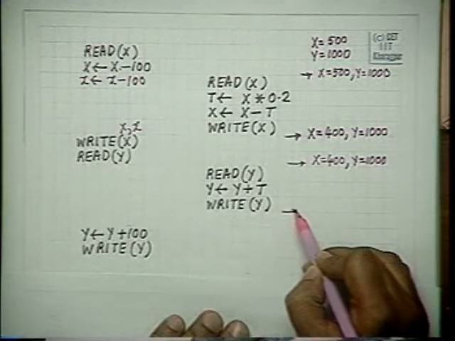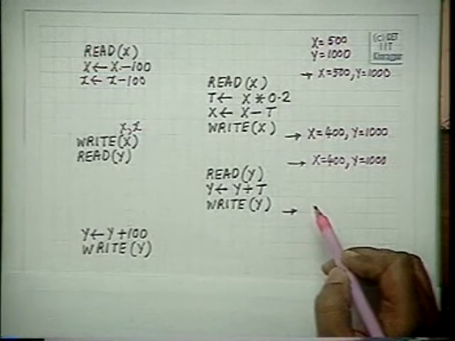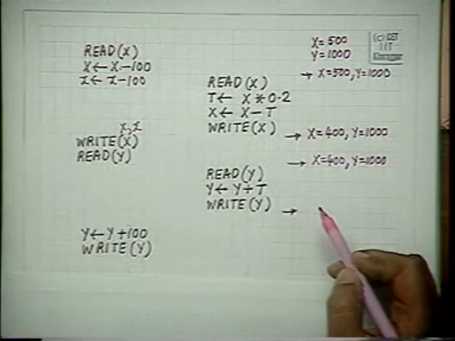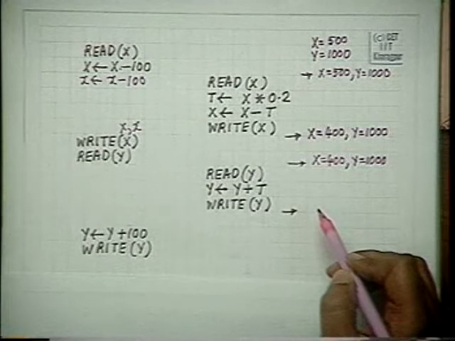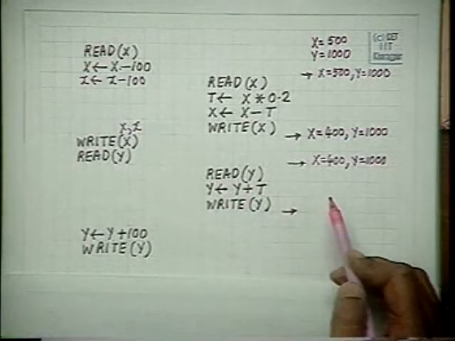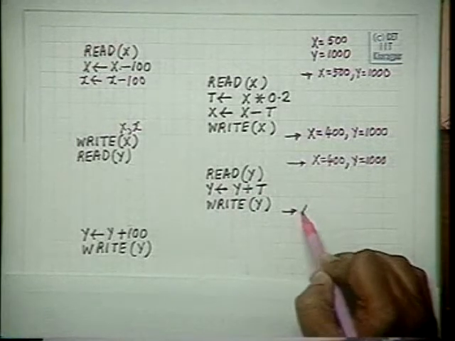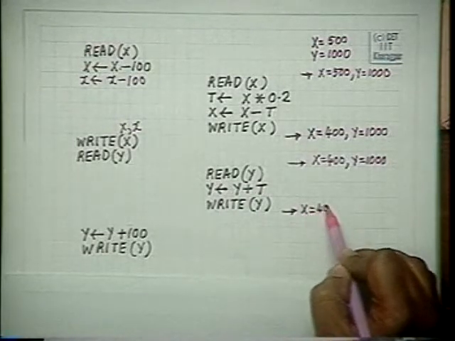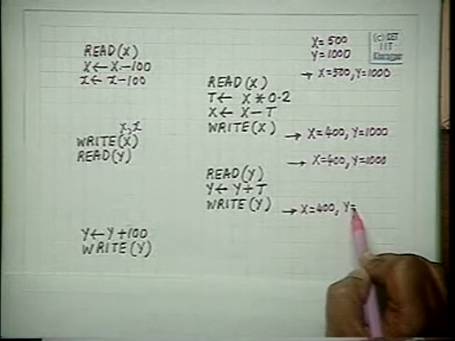Now what is the x which is read out here? Here both of them read 400. And here x is still 400 and y is 1100.